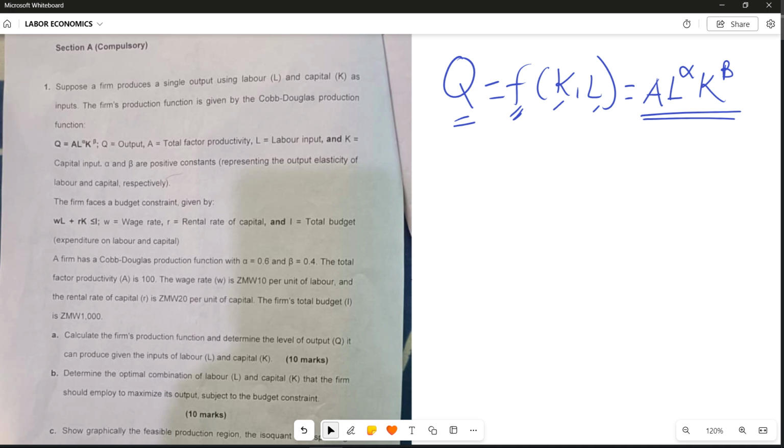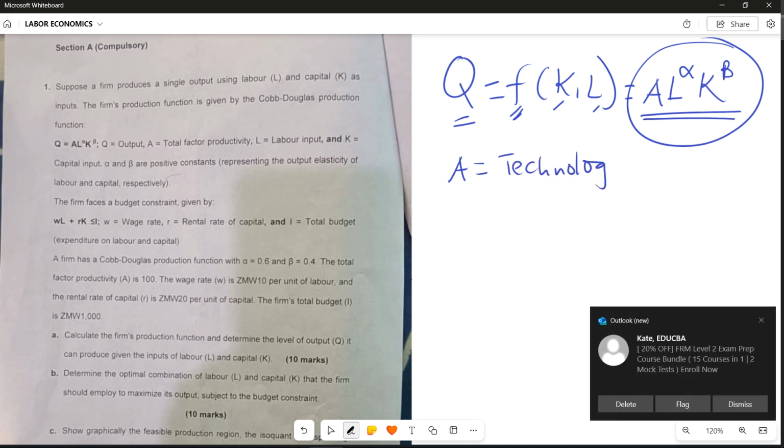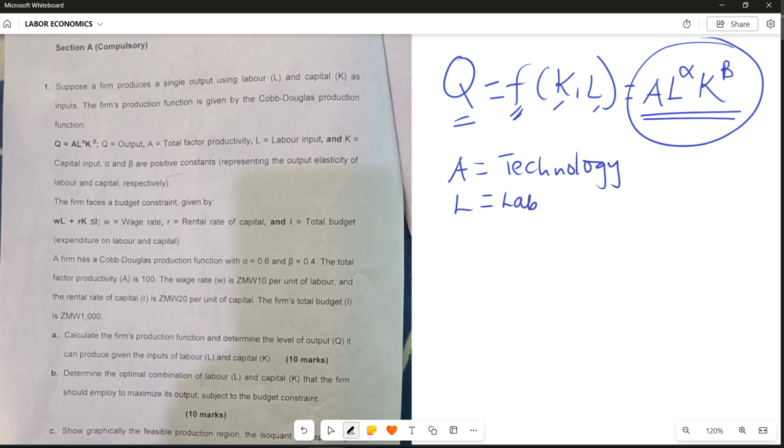First things first, we should understand what this is all about. In the production function, A is the measure of technology, and L is the labor units, of course.